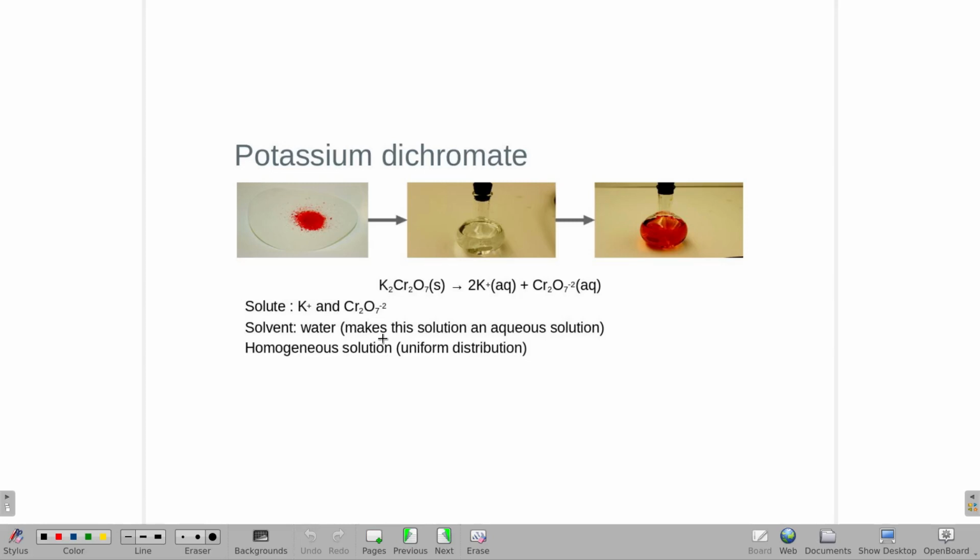In the past, we would call this an aqueous solution, and we would point out that the solute was the potassium dichromate, and the solvent is the water. Now, in the past, we actually said the solvent was always the water, but we are going to see these vary some. Solute and solvent are going to be different things making up these solutions.